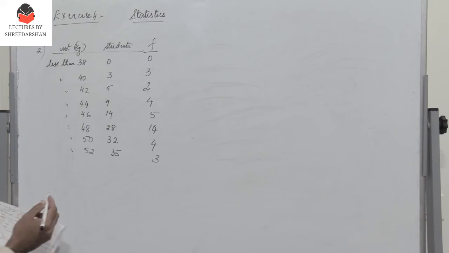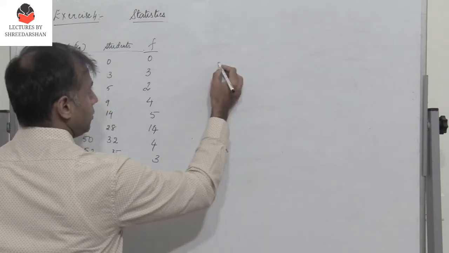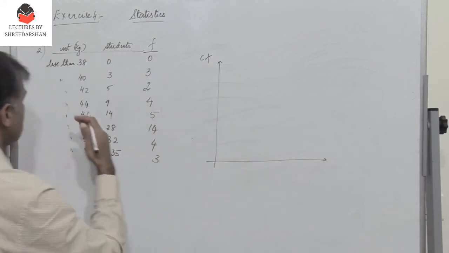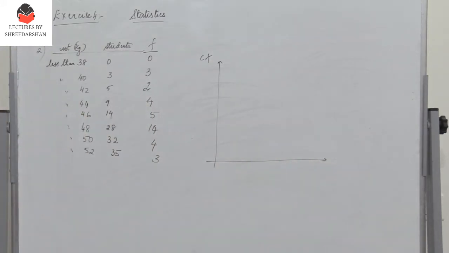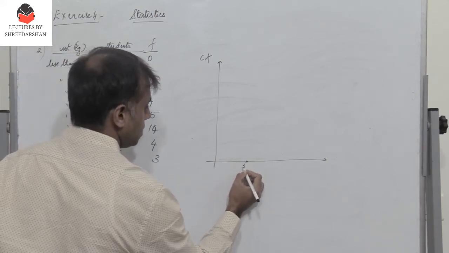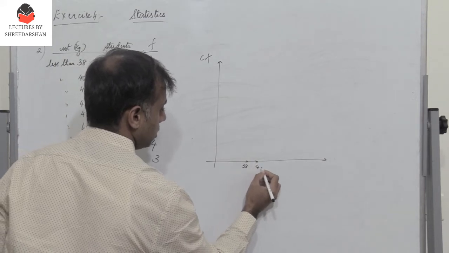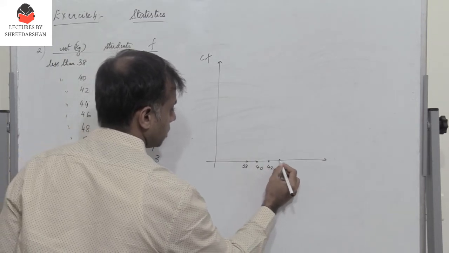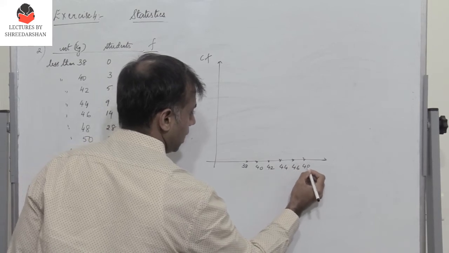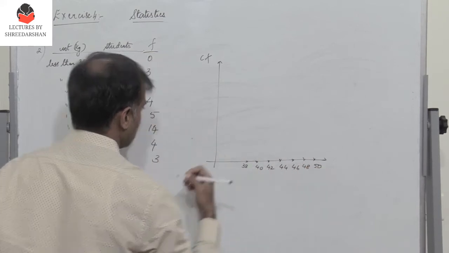So to draw the ogive, I have the cumulative frequency along the y-axis. Along the x-axis, again I consider the upper limit because that is the standard which is used. So here we begin with 38 and then 40, 42, 44, 46, 48 and 50, right?